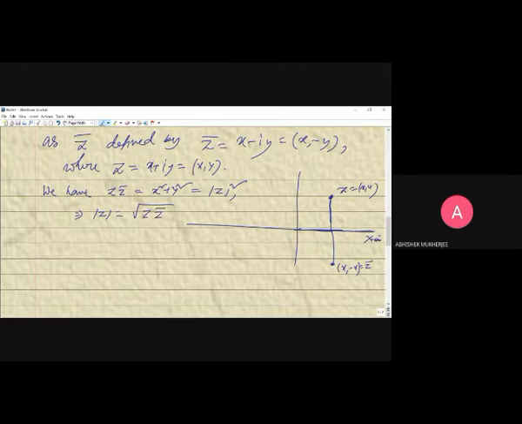So in terms of this one, you can also have the distance between 2 points written as the square root of p minus q times the conjugate of p minus q.